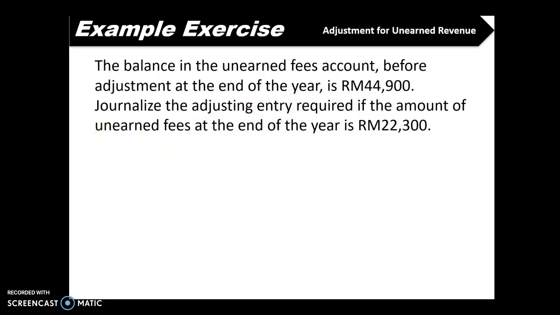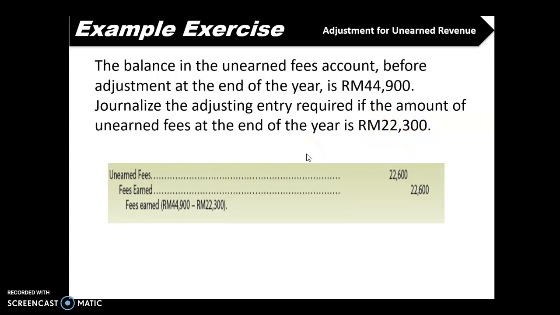So we have to deduct 22,300 from 44,900. This is the figure. So we debit unearned fees and credit fees earned. It means the fees that we can declare or have to record is only 22,600.